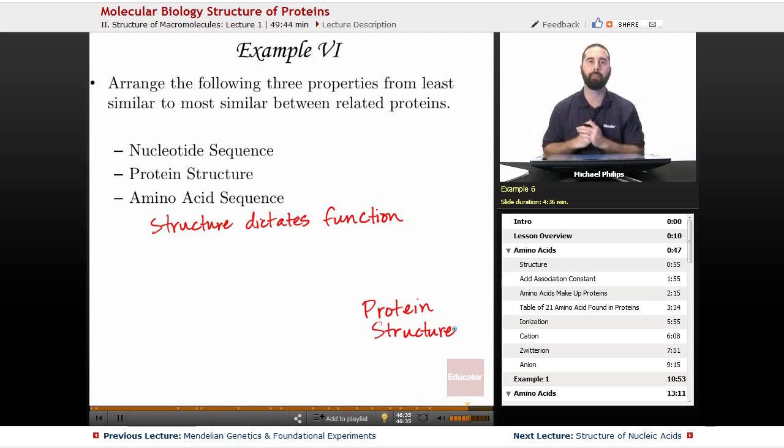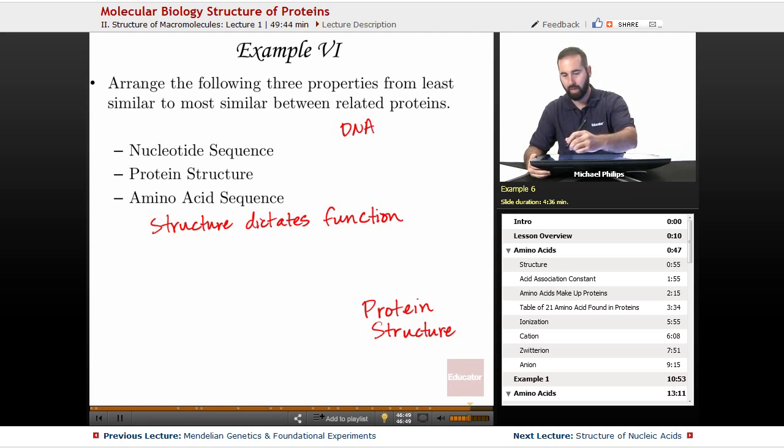Now, if we remember back to the second unit, when we talked about the genetic code, we have DNA being made into RNA, and that RNA being made into protein.